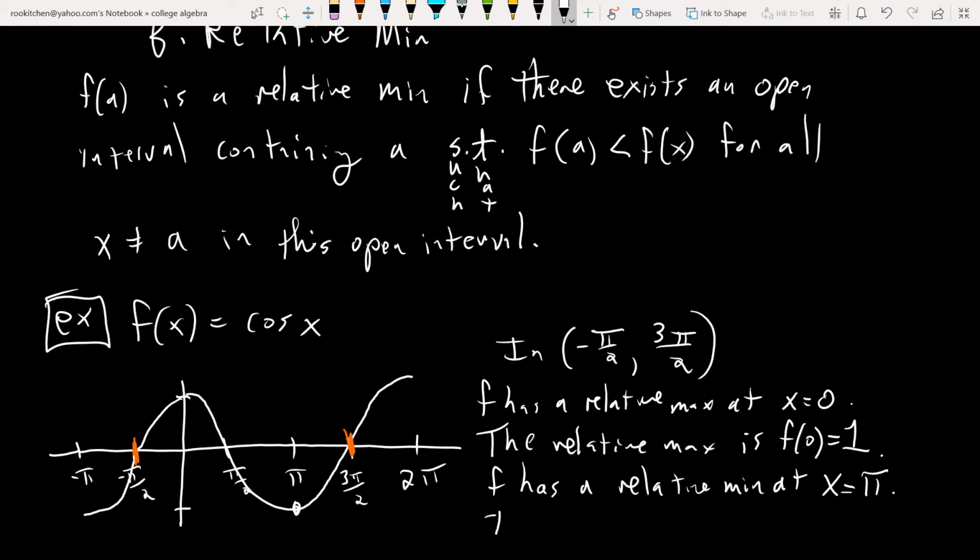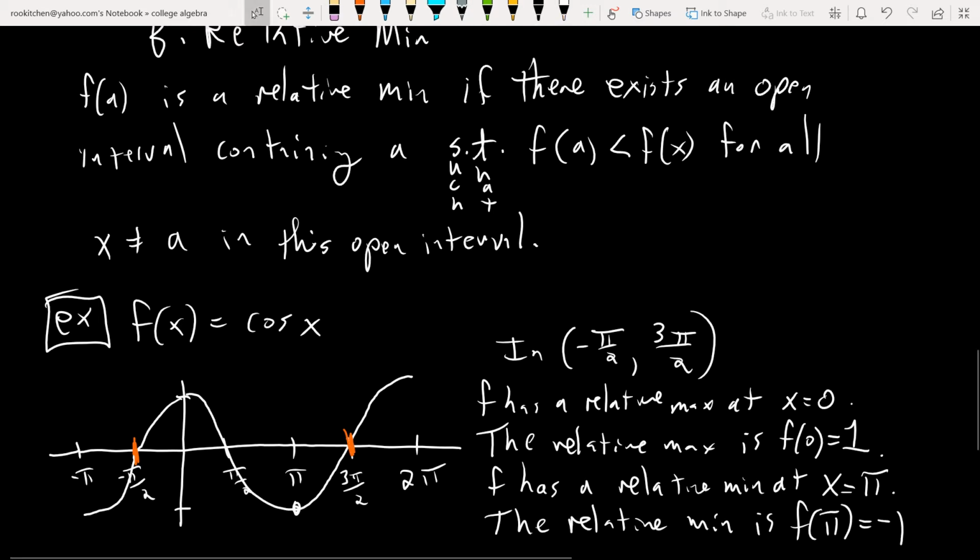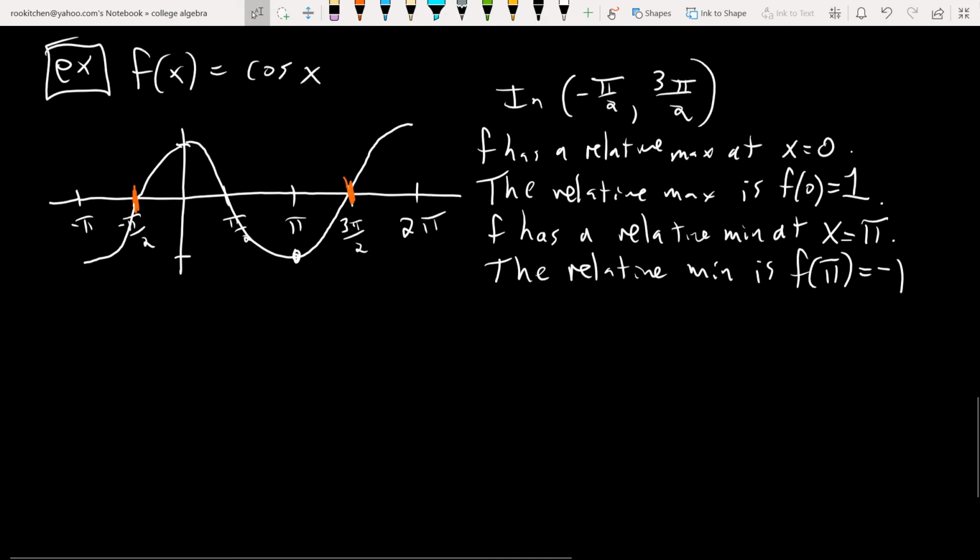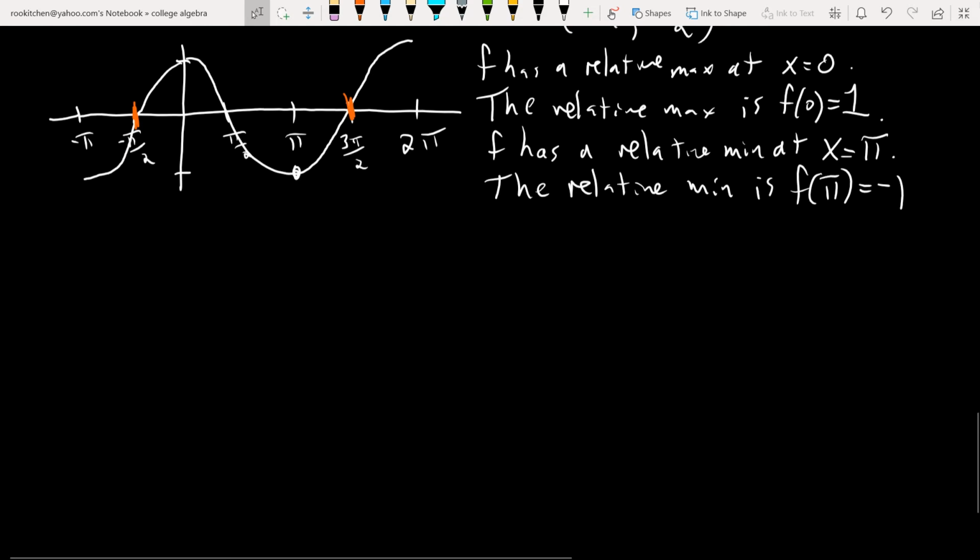And then the actual value of the minimum will be F of pi, which of course is then -1. Okay, so that'll be used in minimizing and maximizing functions in certain ranges, depending on your application.